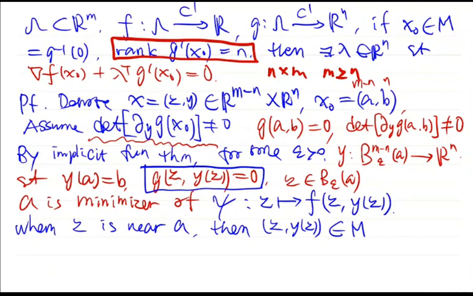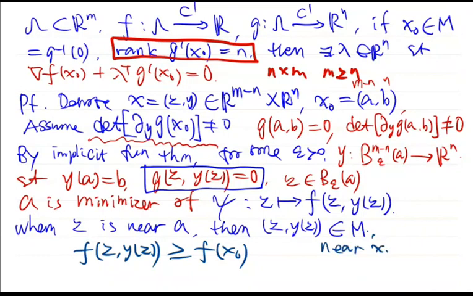So this implies that (z, y(z)) belongs to M. So f(z, y(z)) is not less than f(x0), because f(x0) is the smallest value of f on the set M near the point x0. Okay, so (z, y(z)) belongs to M and is also near x0, that is (a, b).